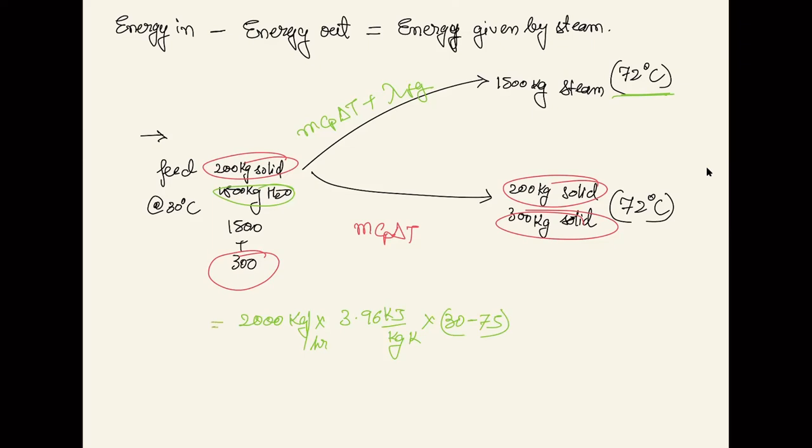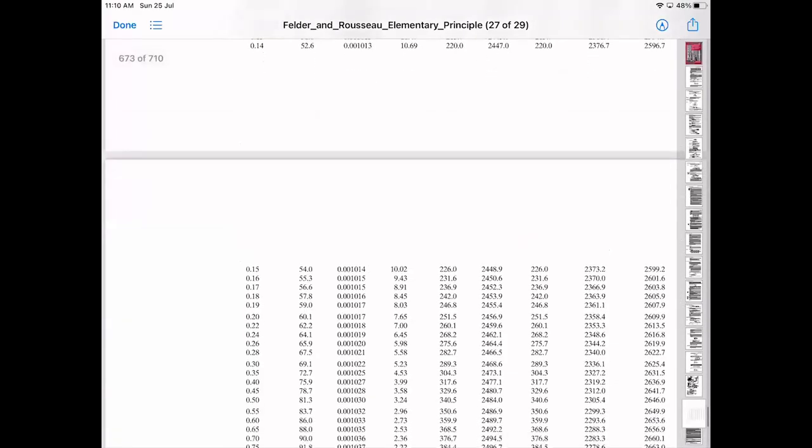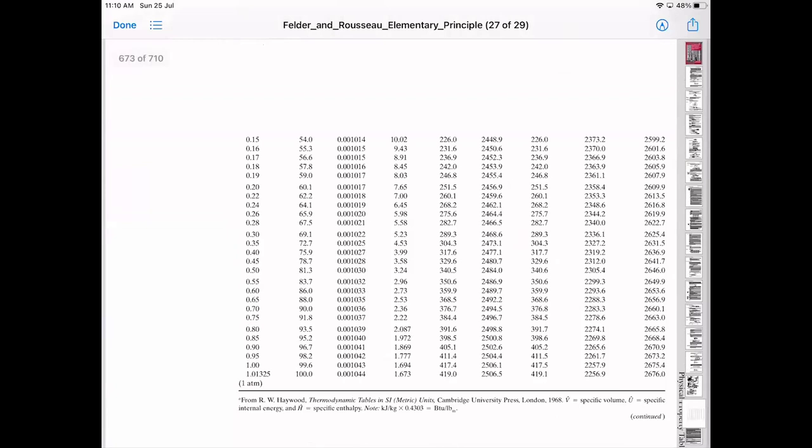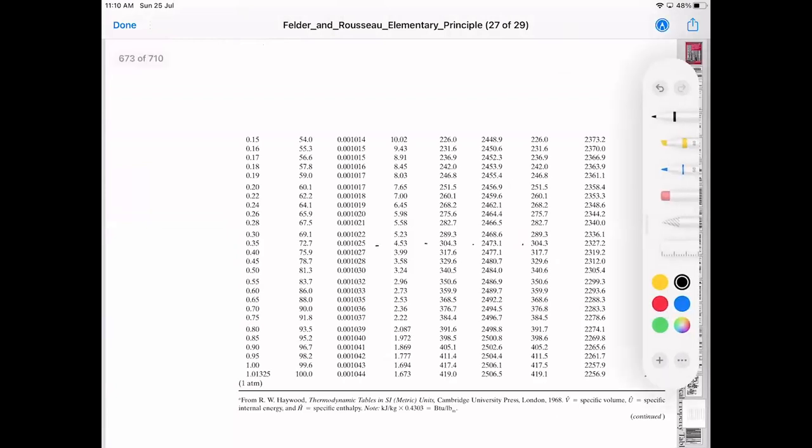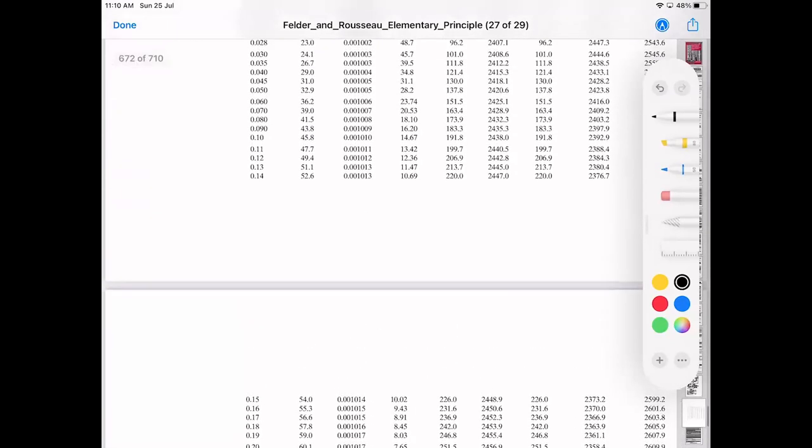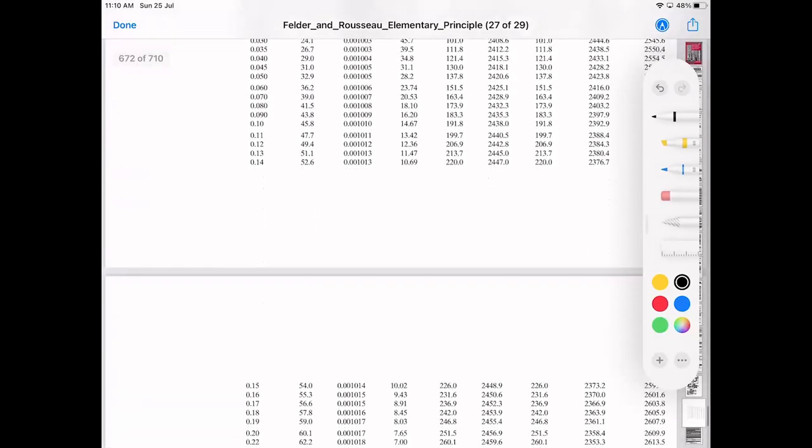and then let's go back over here in the steam table. Go for 72 degrees Celsius, 2327.2, I guess, 2327.2.